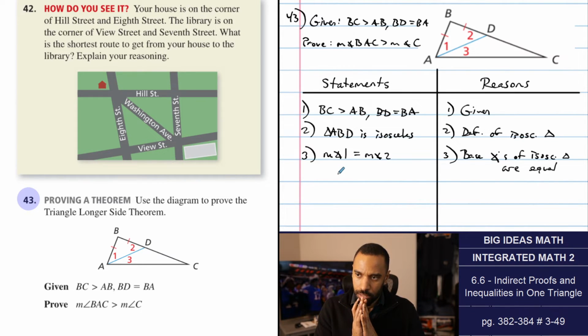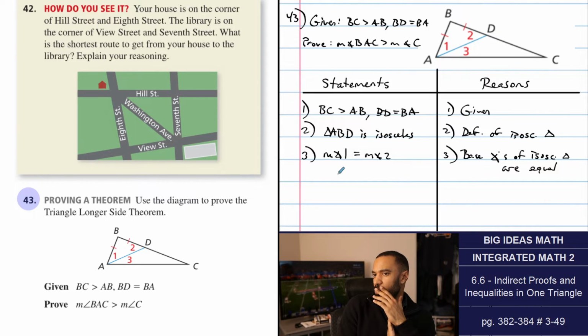And I don't really feel like we're going to talk about... I want to know why I'm going to use 3. BD equals BA.